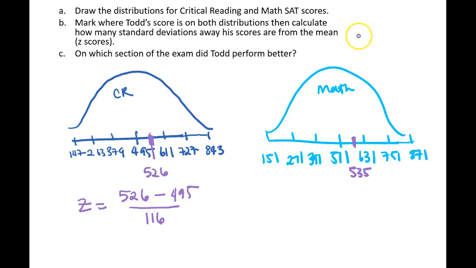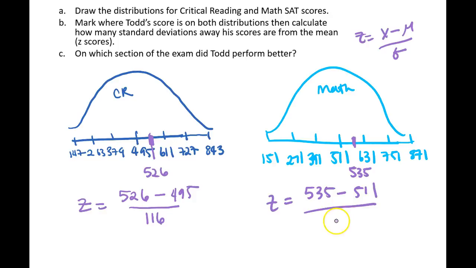So again, a z-score is just equal to x minus mu over sigma, and that's what we've done here. And the z-score for the math score is then 535 minus its mean of 511 divided by the standard deviation of 120. So the z-score for critical reading is equal to 0.27, and the z-score for math is 0.20.